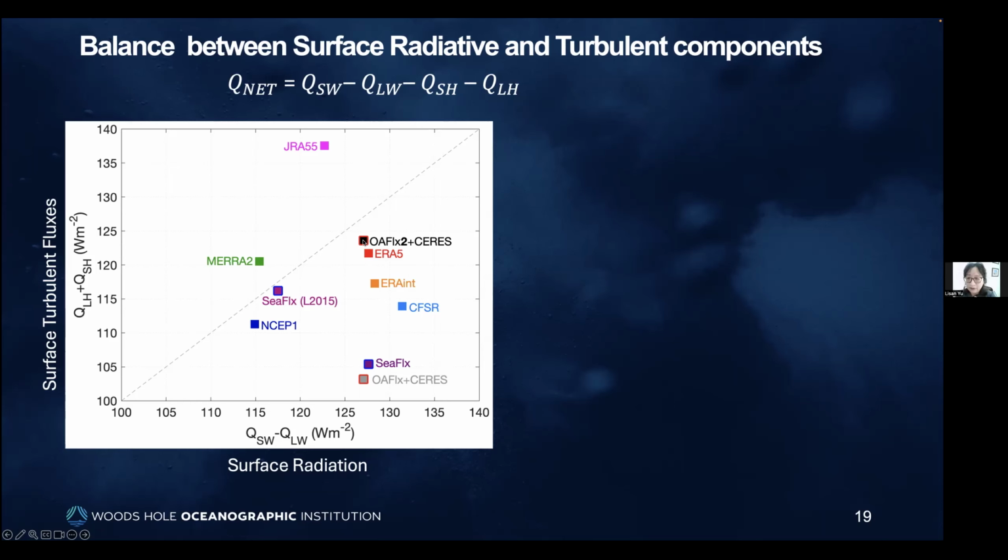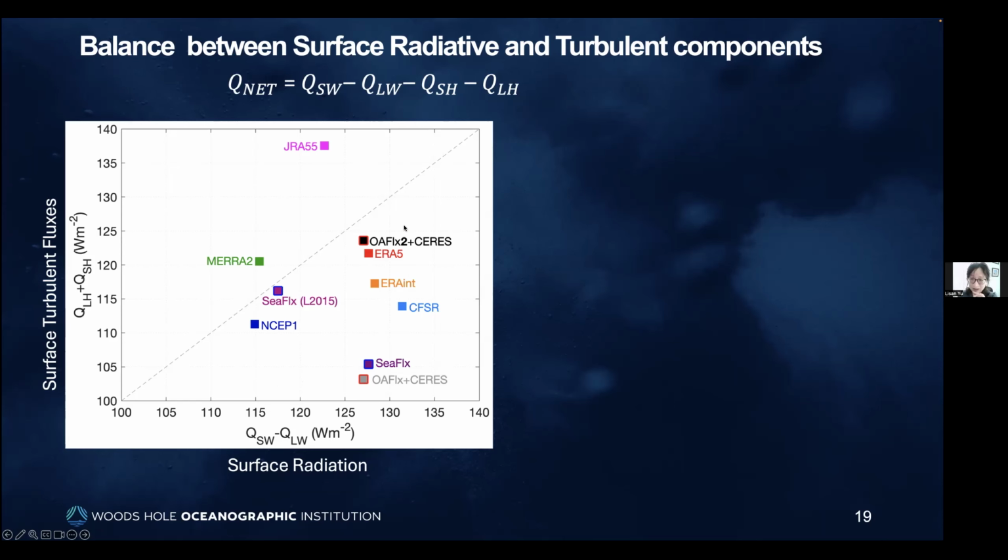And OAFlux2 versus the series is higher than the flux in terms of both turbulent and radiation components, and we have no artificial adjustment in getting to this level.